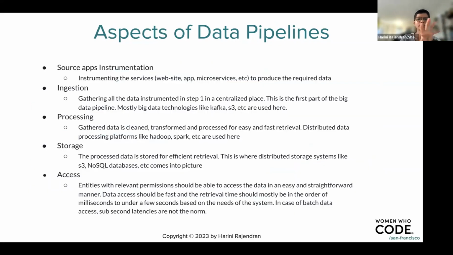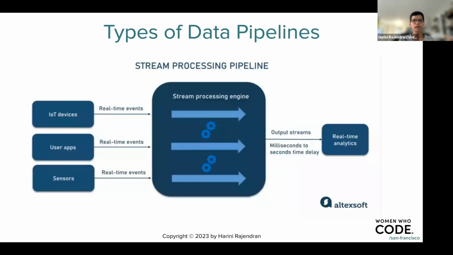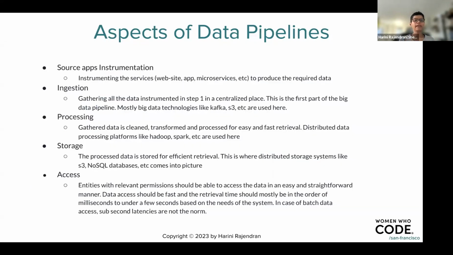So now, just iterating over this, we saw both batch processing and stream processing pipelines, right? So what are the different aspects of any data pipeline, be it batch or stream processing? There are 5 different steps here. Just to summarize, the first one is source app instrumentation.